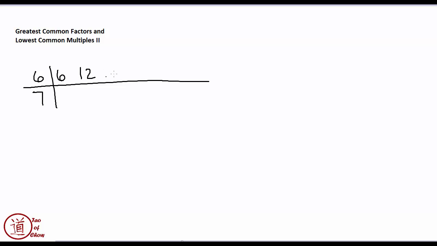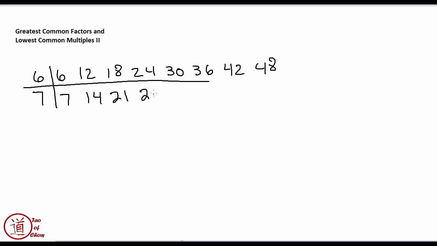So 6, 12, 18, 24, 30, 36, 42, 48, and so on. With the 7, you can go 7, 14, 21, 28, 35, 42, and 49. And oh, look, there's a match. And so then you know the lowest common multiple is 42.